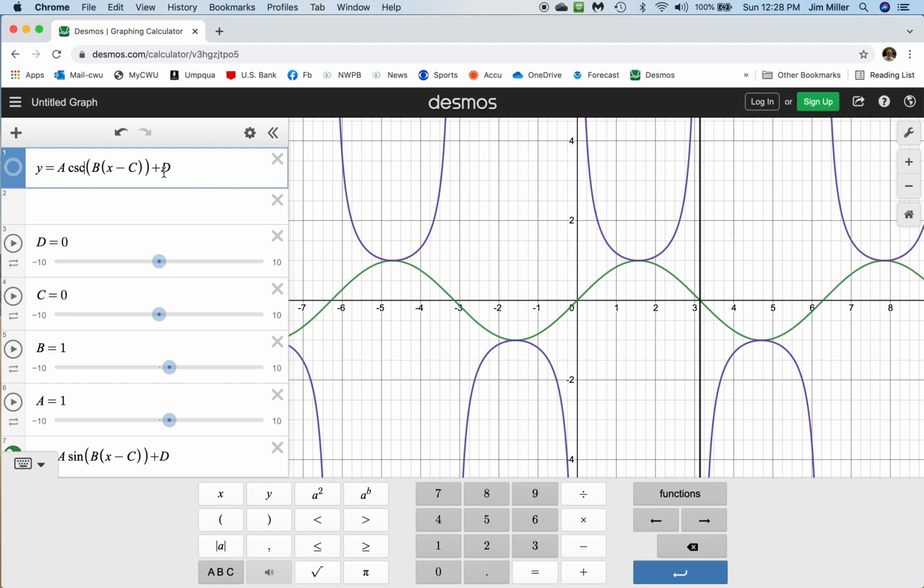Got the same A, B, C's, and D's. So watch what happens to the cosecant, the purple curve.